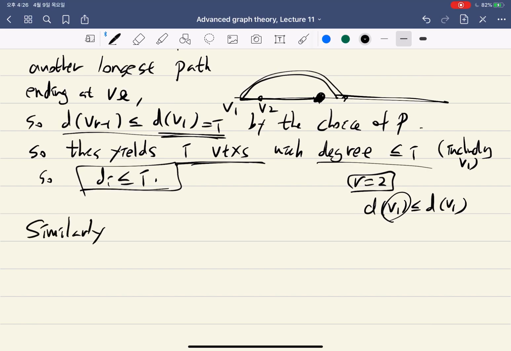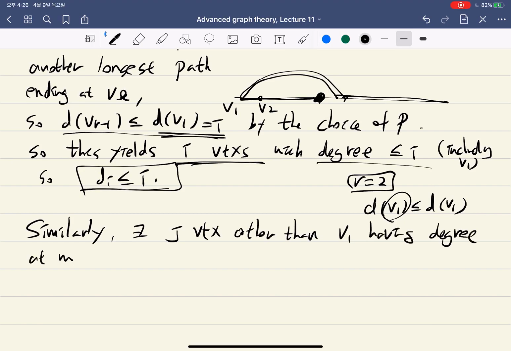Similarly, there are j vertices other than VL, P1, having degree at most j. And we know that P1 itself has degree i, which is at most j.